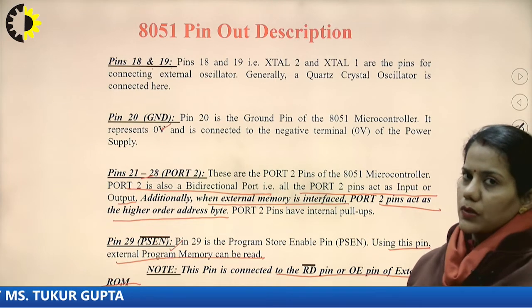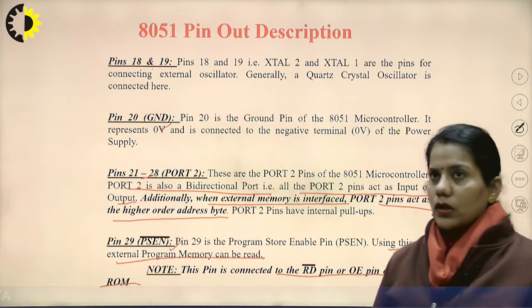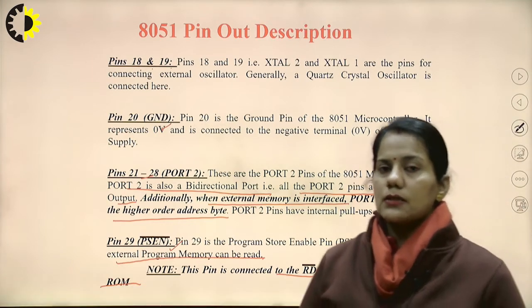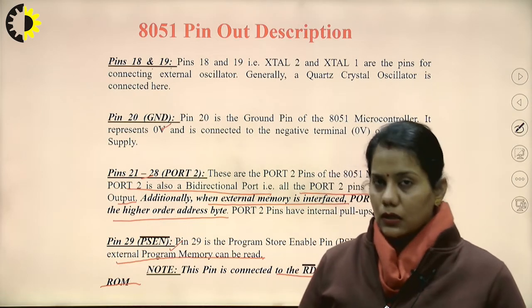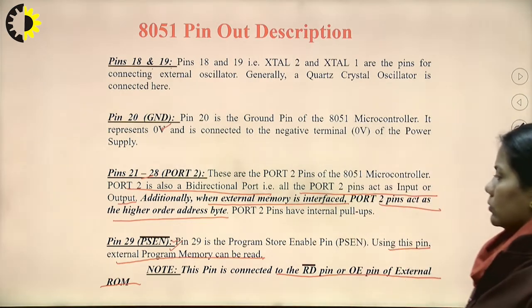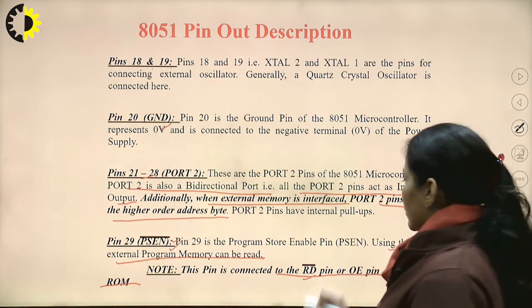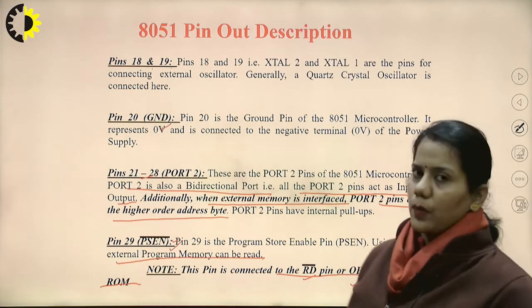So this pin is referred to as the program store enable. That is, when the program is stored in the external memory, it can be read by connecting the PSEN, which is an active low pin, to the read pin or the output enable pin of the external read only memory.